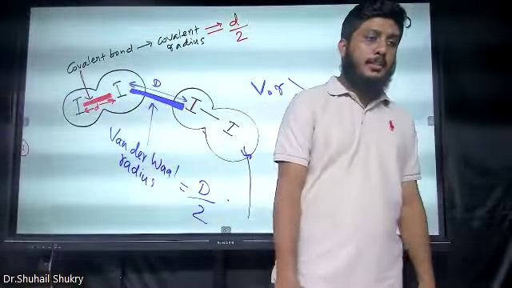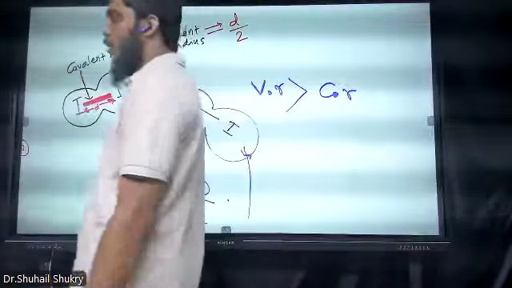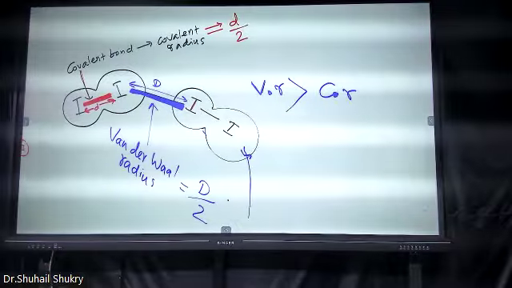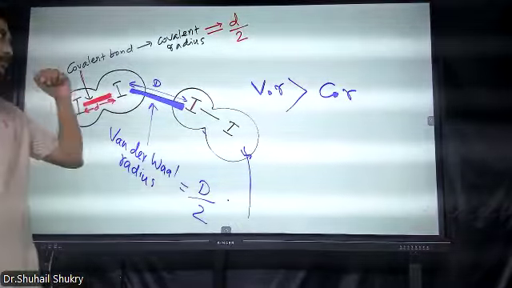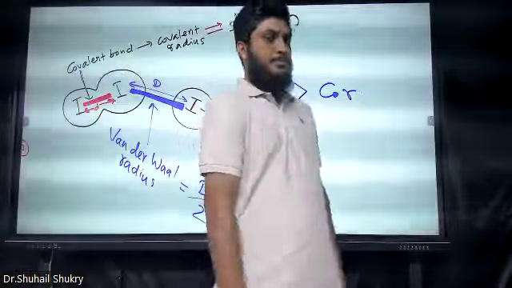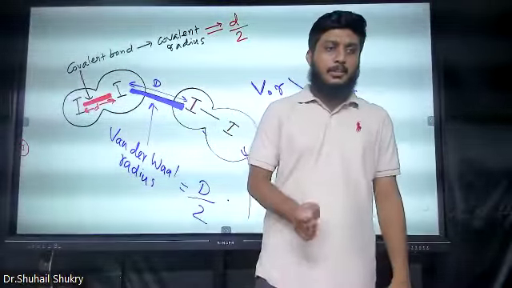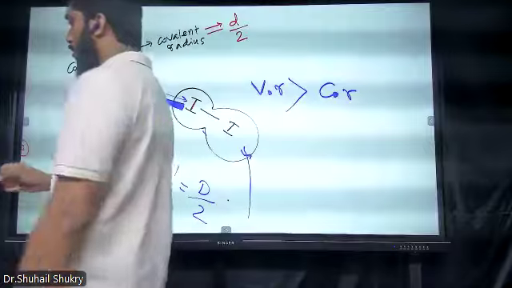Half of the covalent distance is the covalent radius.